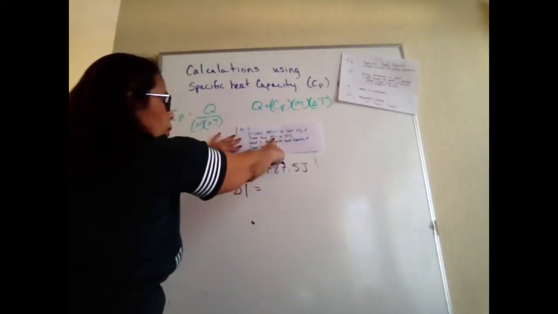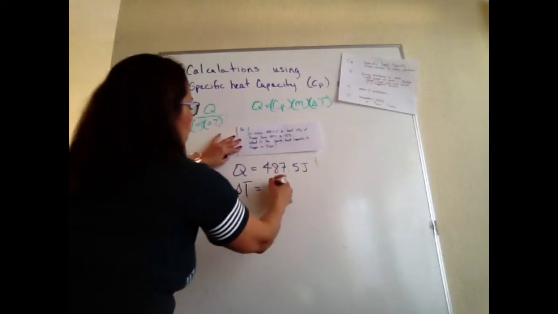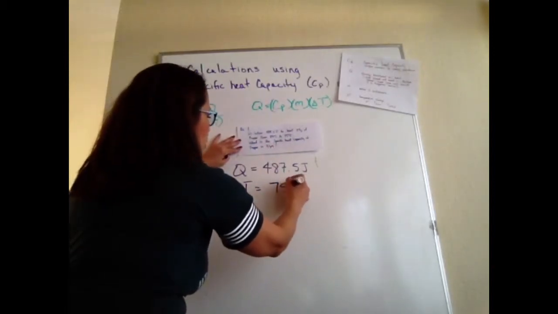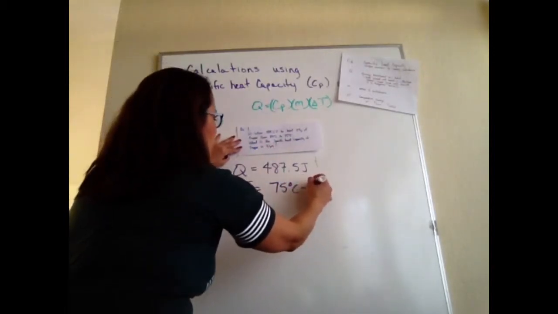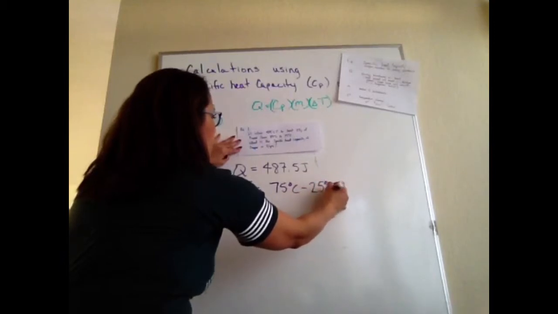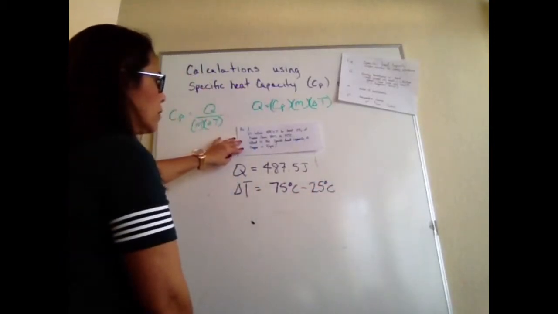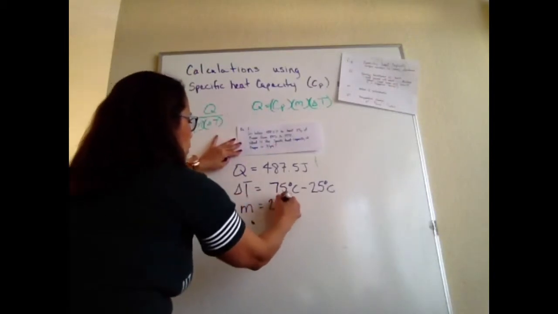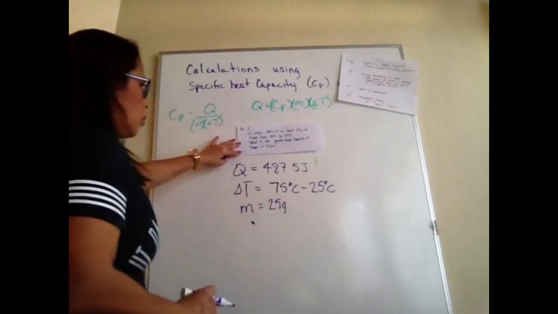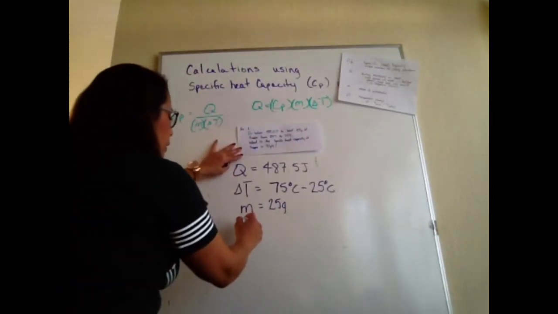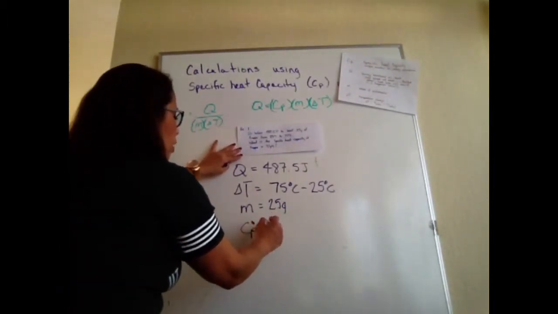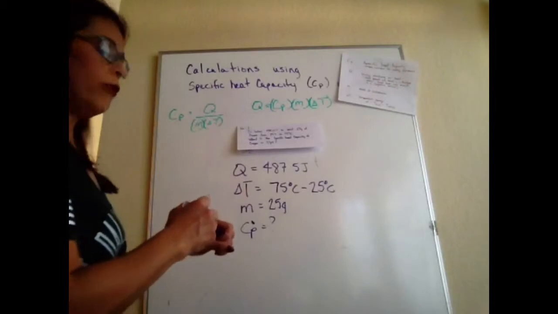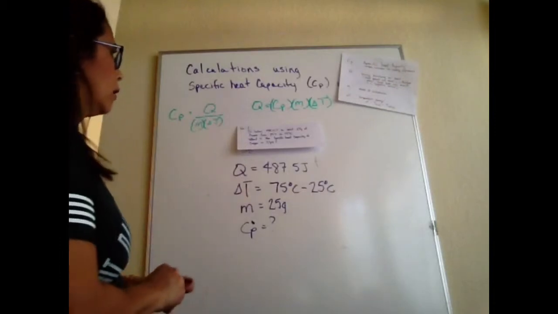It starts at 25 and goes up to 75, so the final temperature is 75, the initial temperature is 25, and the amount of matter we have is 25 grams. What I'm trying to calculate is the Cp value of copper. And we can always go back and verify our numbers since this is a well-known number.